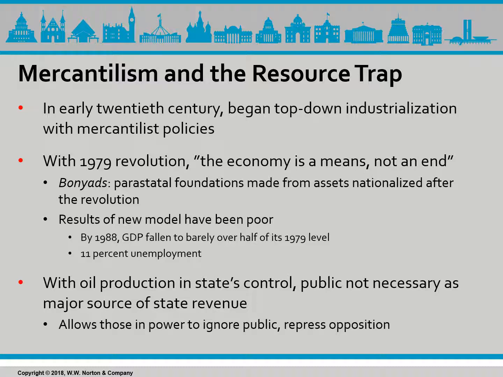The discovering of oil did not solve the issues of the economy, but instead created a resource trap, meaning that is their main export. So they are strapped to the success of this export. The oil reserves also lead to a corrupt hoarding of wealth rather than economic development, because again, it's a one-trick pony, if you will.